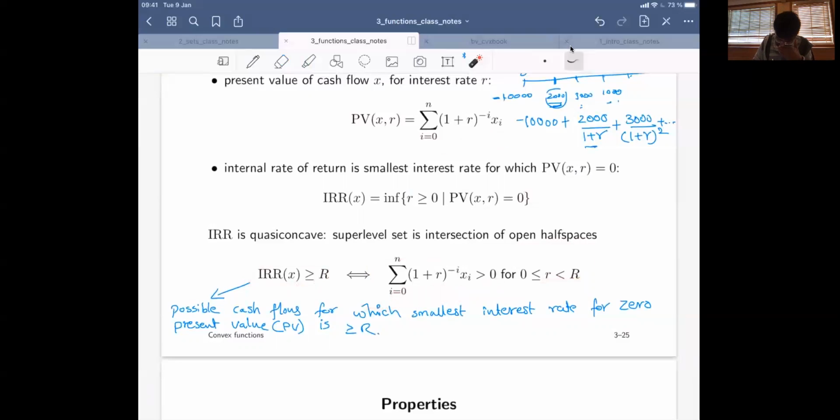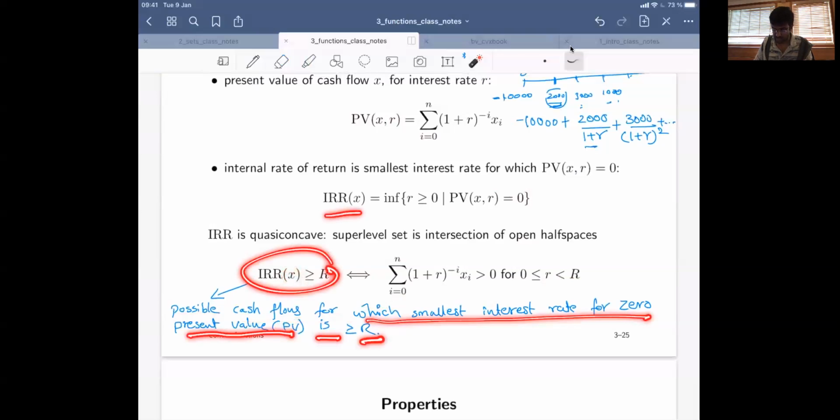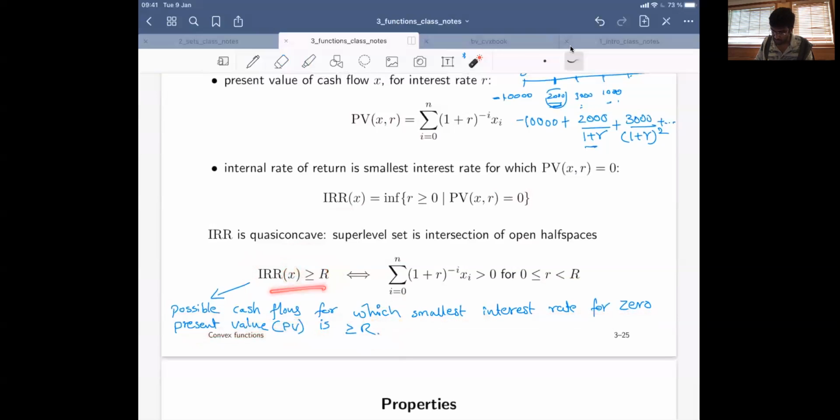So what you are saying is the super level set is greater than R, which means that you are finding the collection of x, right? You are finding all the possible cash flows for which the smallest interest rate at which the present value is 0 is greater than R. That is what this means. That means IRR(x) should be greater than R.